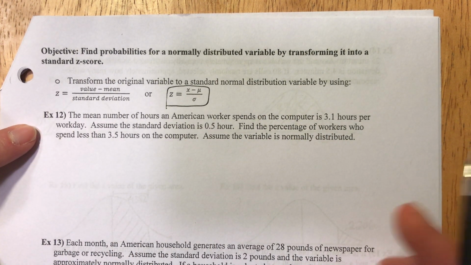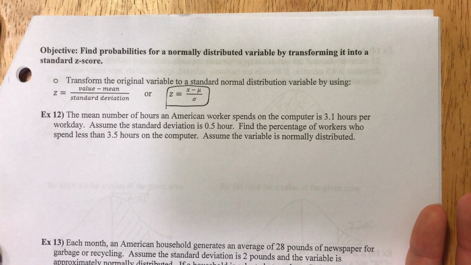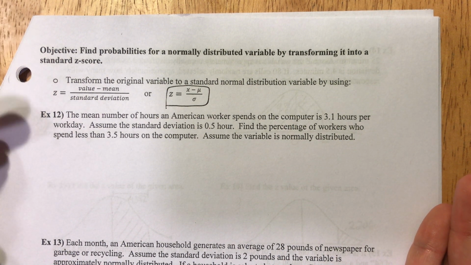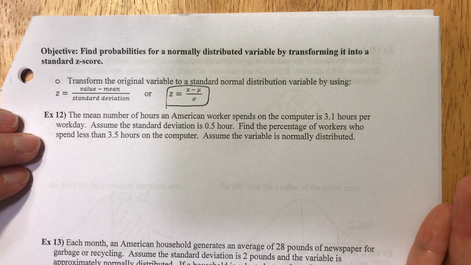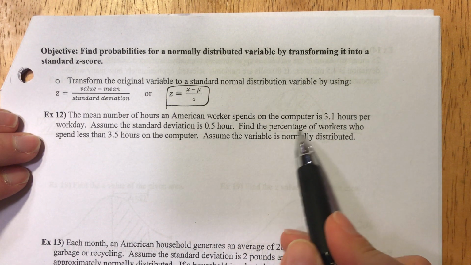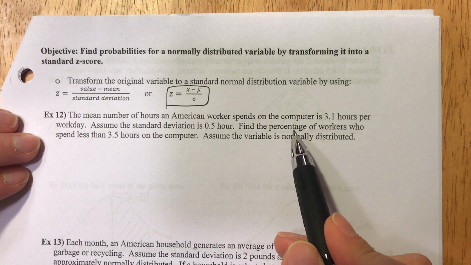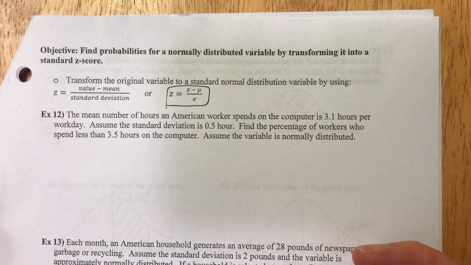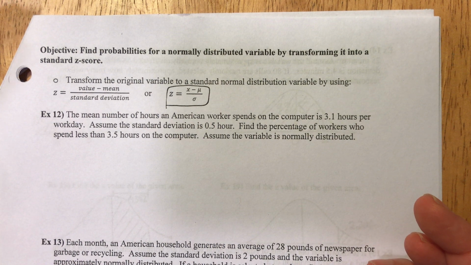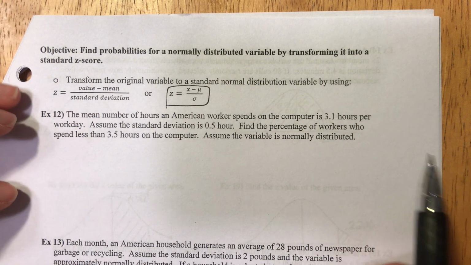So for number 12, the mean number of hours an American worker spends on the computer is 3 hours per workday. Assume the standard deviation is 0.5 hour. We want to find the percentage of workers or the probability of workers, because remember the area inside the curve can be a percent of the people or items, or the probability of an item being in that range.